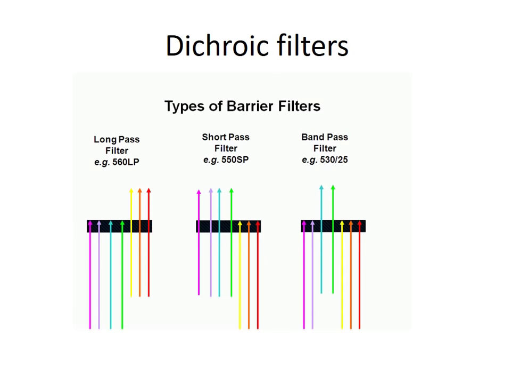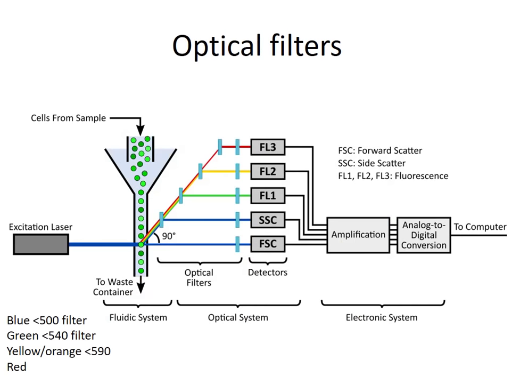And by siphoning off each of the signals, each of the wavelengths, it enables separate detectors to quantify each of the fluorochrome signals. So here you have an example. You have the excitation laser. It hits the cell, and each of these filters will enable the wavelength of the specific fluorochrome to be detected.